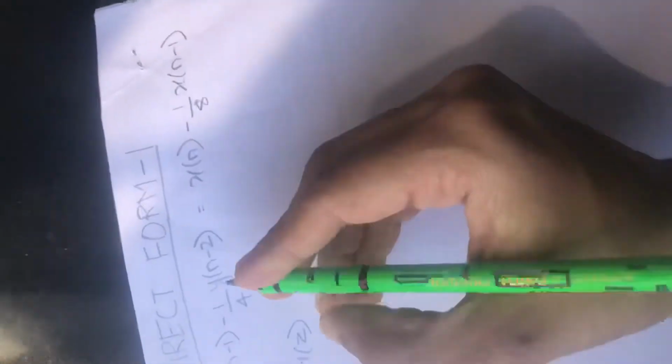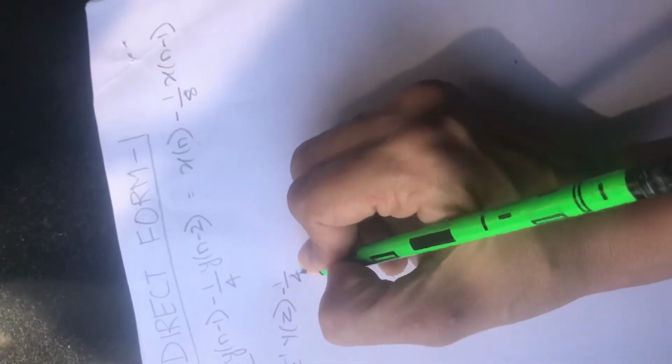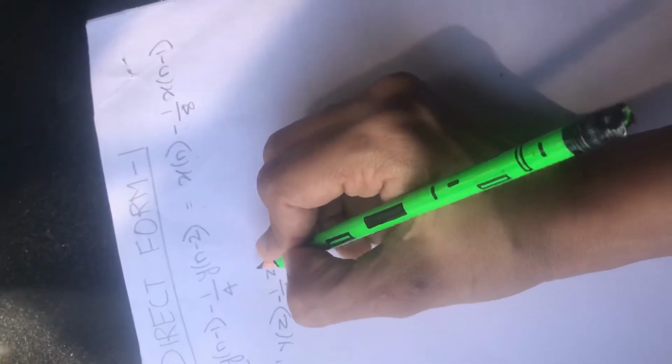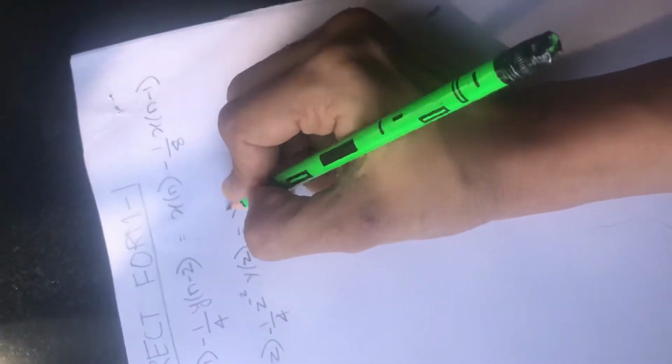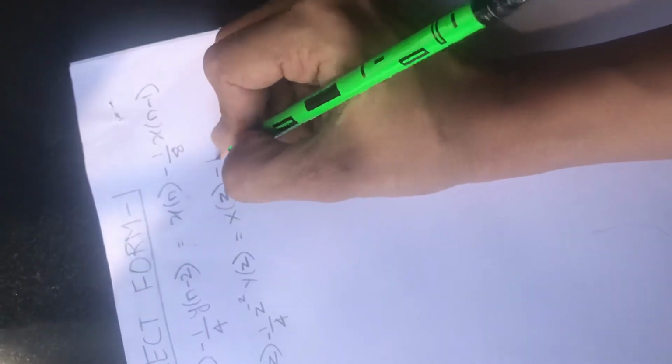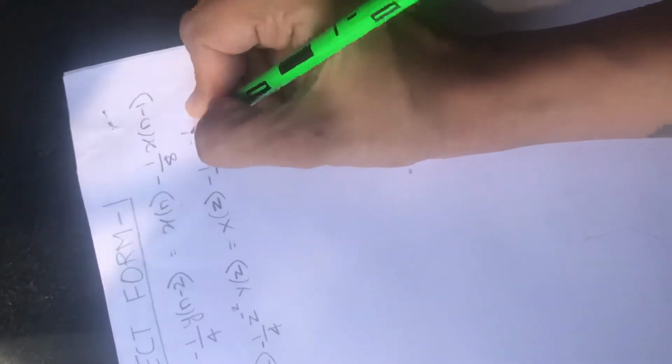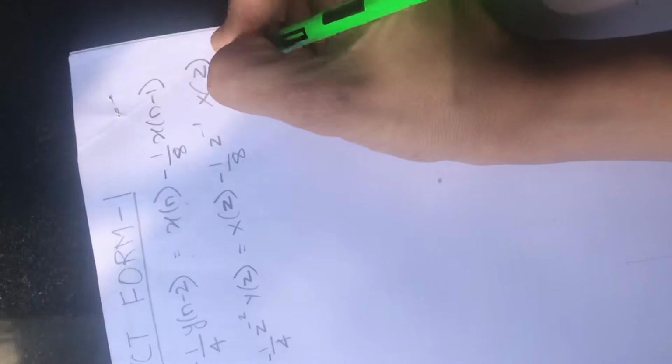Here I am assuming all the initial conditions to be 0, minus 1 by 4 z raised to minus 2 into y of z is equal to x of z minus 1 by 8 z inverse x of z.